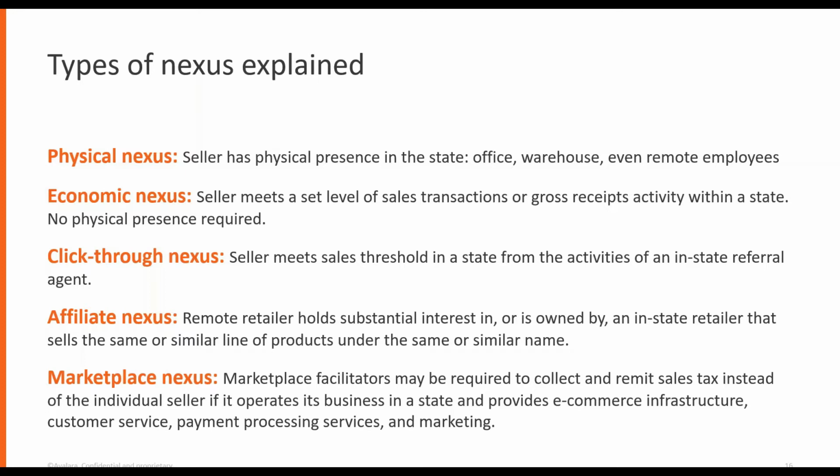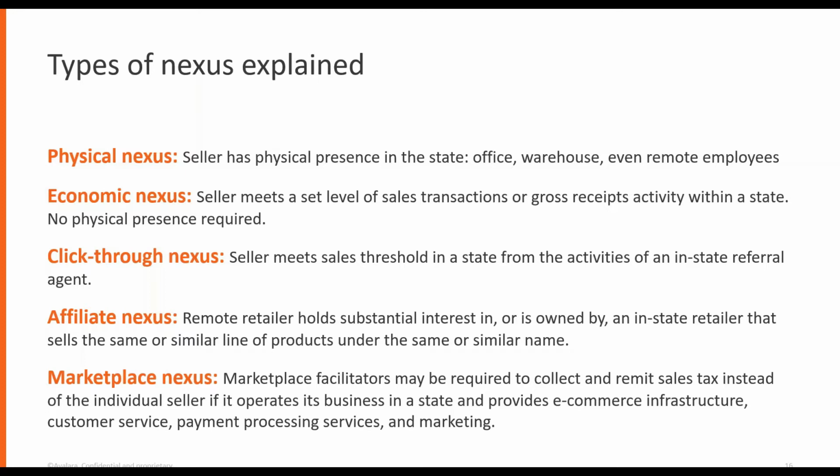You've established that economic nexus in that state. Click-through nexus is a little bit different. It's through the internet or an agent that's working on your behalf in a different jurisdiction or state. You meet that state threshold that creates that click-through nexus.